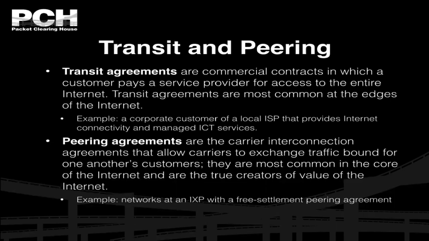The alternate model for interconnection, and the model that's been popular for about the past 20 odd years, is peering. And the differentiator with peering is that there's generally no transfer of money. There's fantastic data that we have.